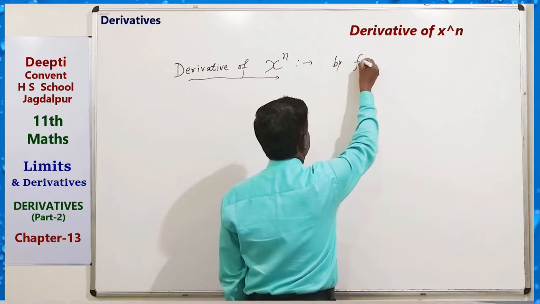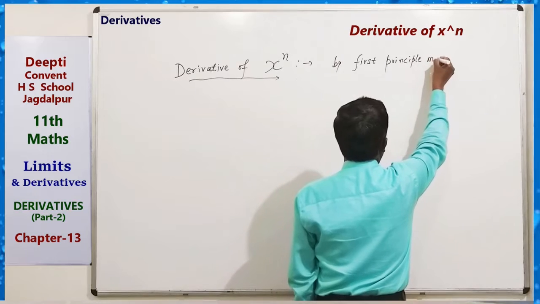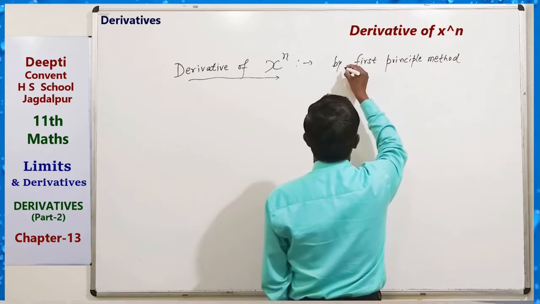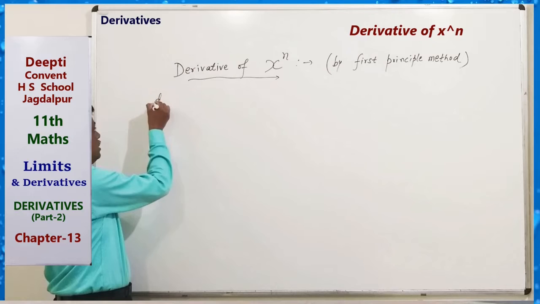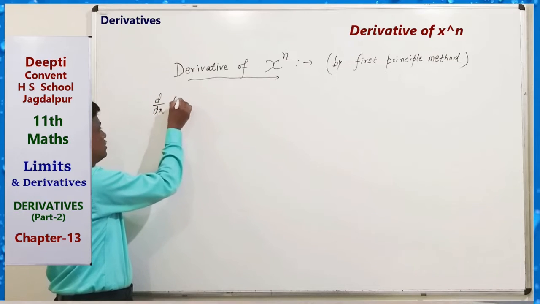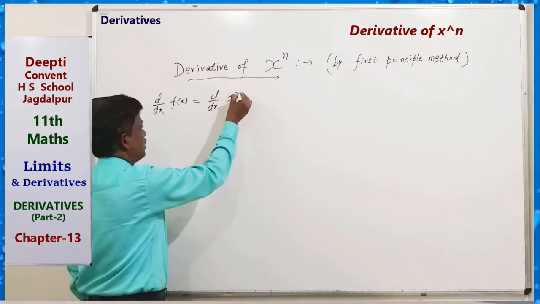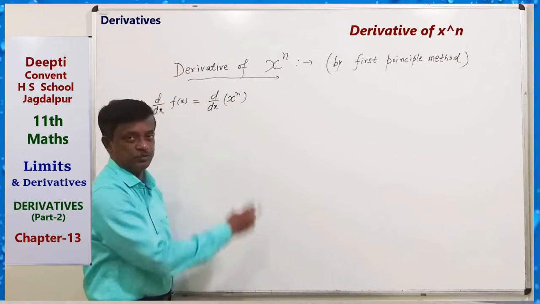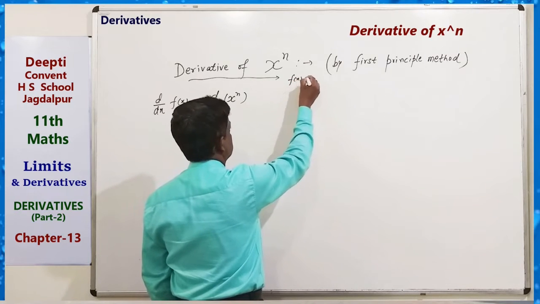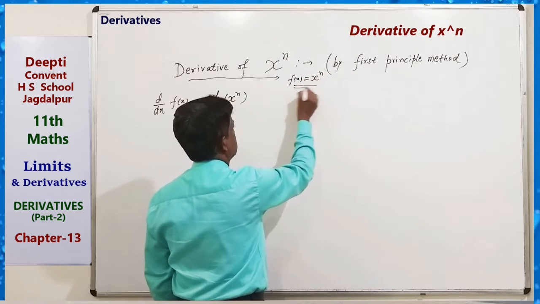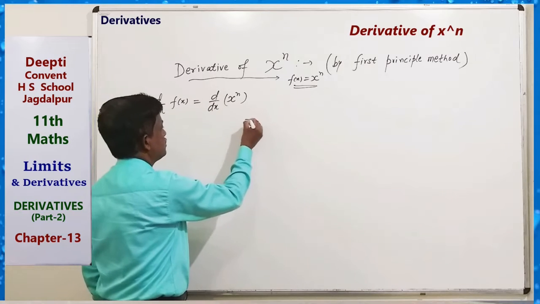So d by dx of f(x) means d by dx of x to the power n. Here f(x) equals x to the power n.